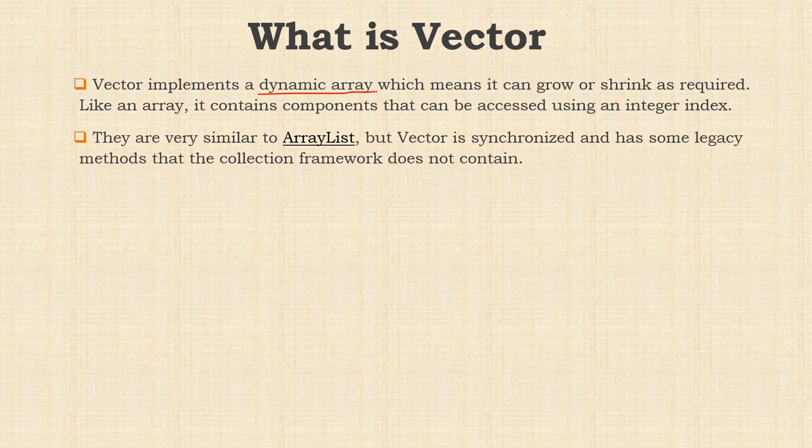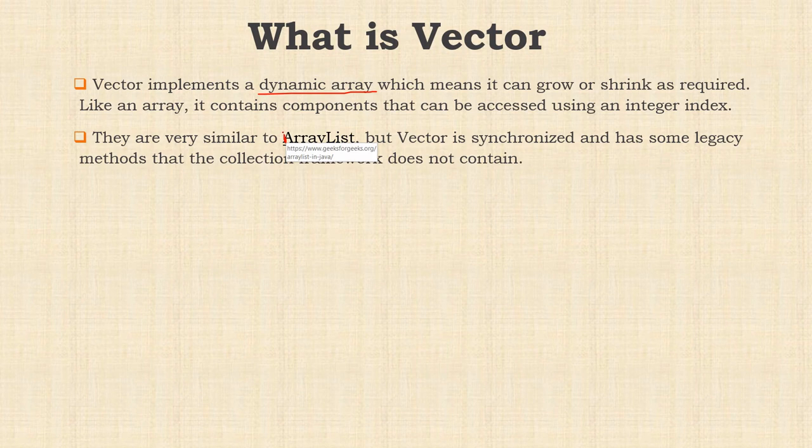They are very similar to array list, but vector is synchronized and has some legacy methods that the collections framework does not contain. There are some legacy methods inside vector, but in array list there is no legacy method.